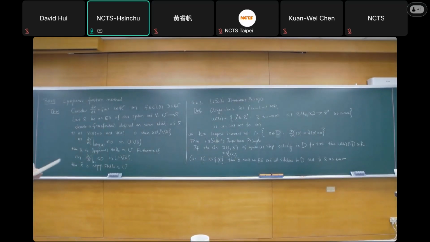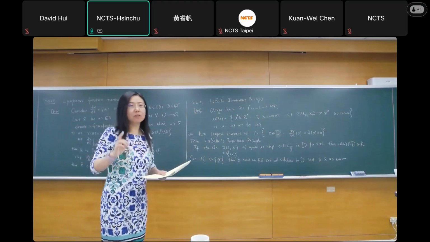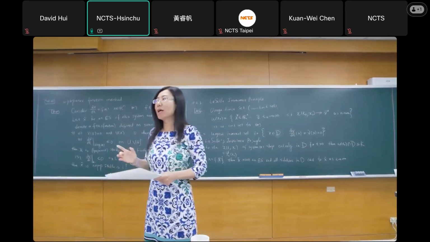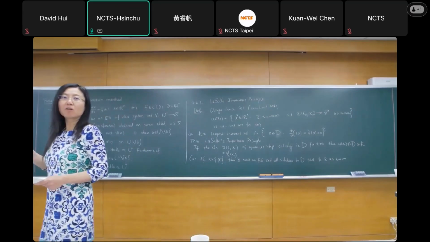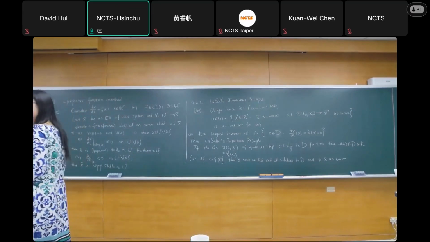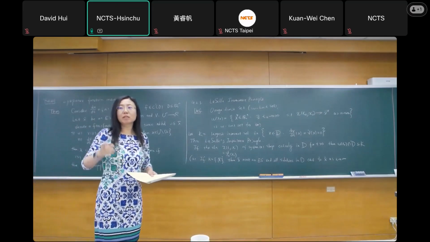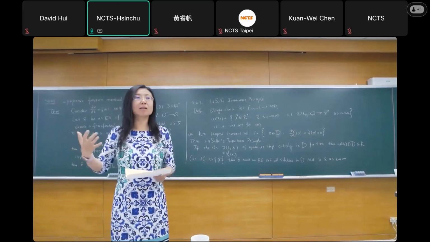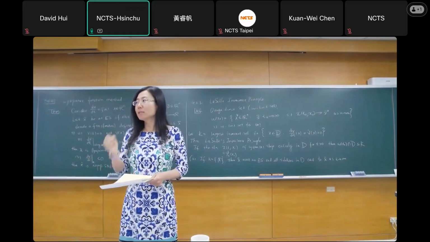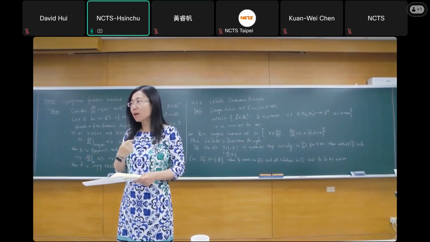But that doesn't mean this point, a fixed point, is asymptotically stable or globally asymptotically stable in D. But if you know this fixed point is locally attractor, then it must be the case. So that's the thing we use a lot.